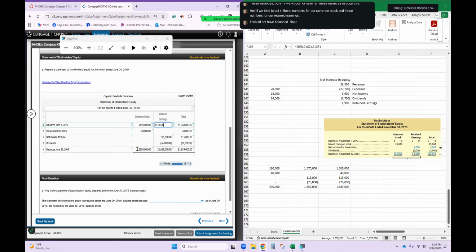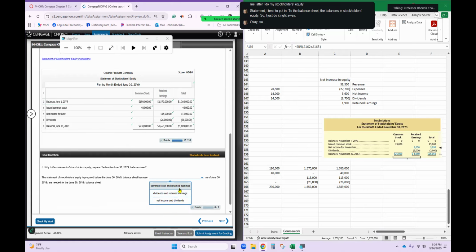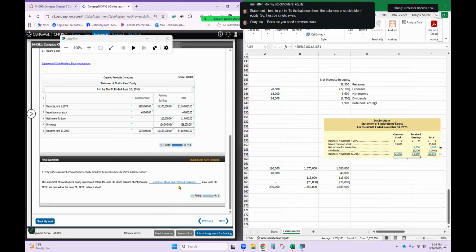You've got to wait until you're finished with your stockholders' equity statement in order to put those numbers in the balance sheet. And if you're going to follow me, after I do my stockholders' equity statement, I tend to put into the balance sheet the balances in stockholders' equity. So I just do it right away. Okay, so because you need common stock and retained earnings as of June 30th.